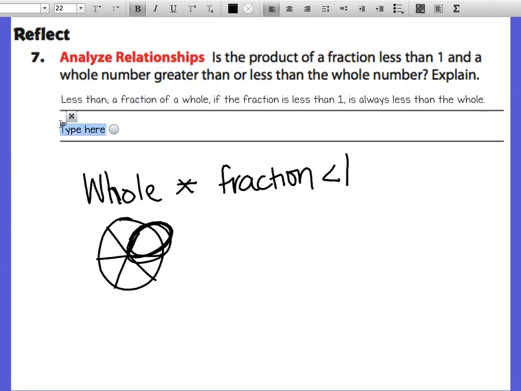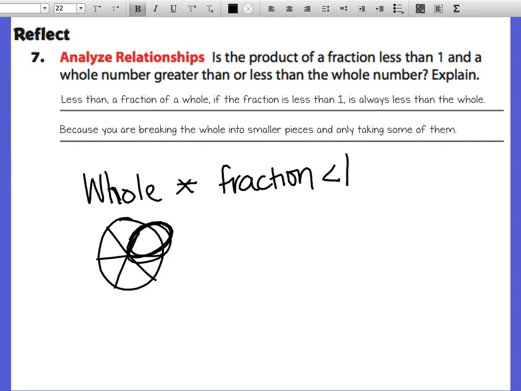And it's happening because you are breaking the whole into smaller pieces and only taking some of them. So again, you're breaking this whole into smaller pieces.